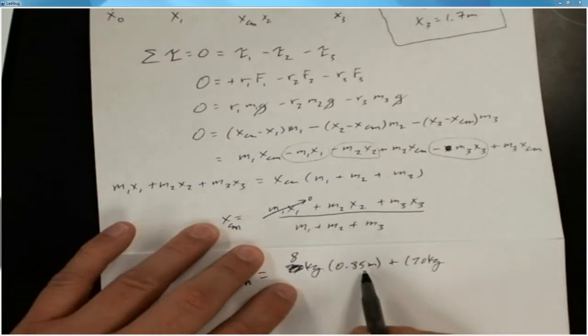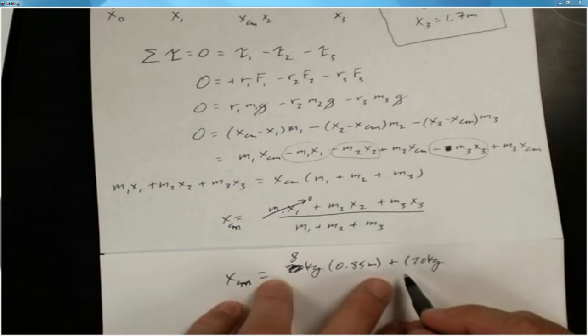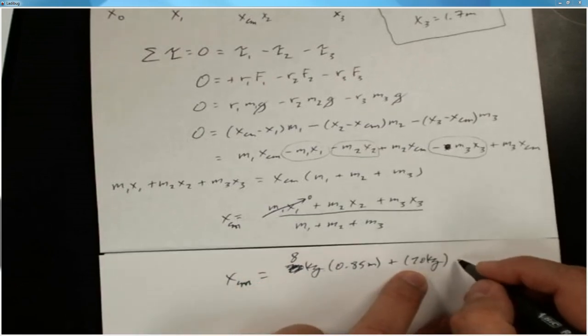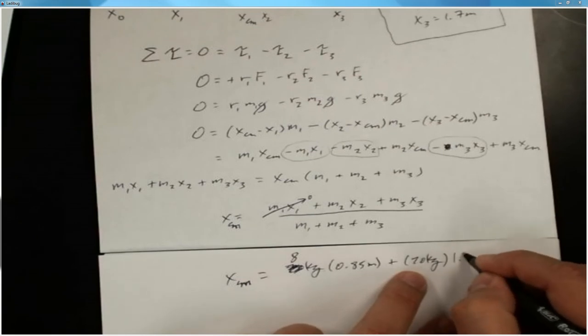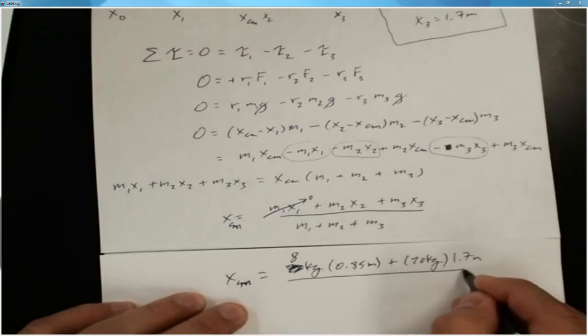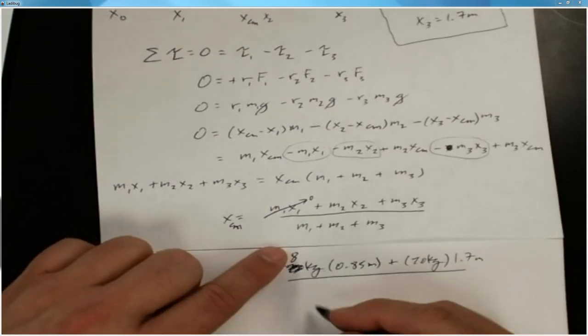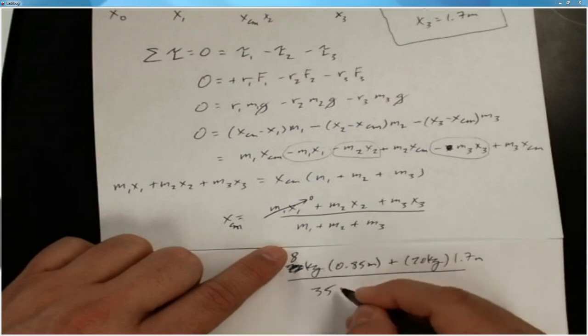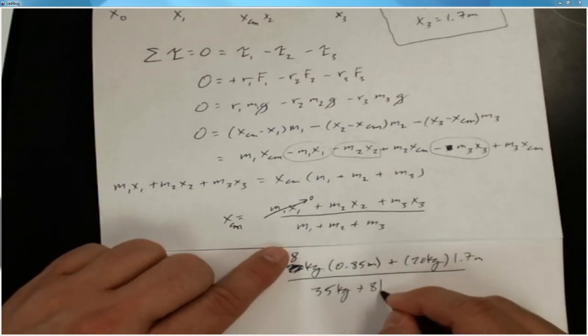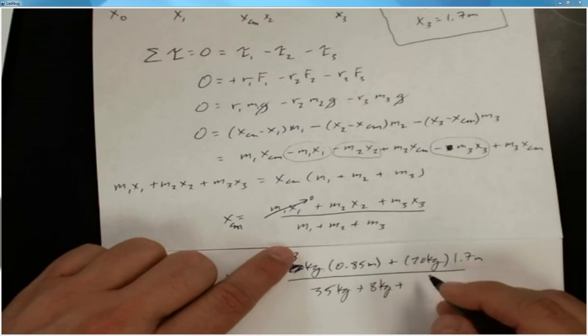So 8 kilograms times 0.85 plus 20 kilograms times what is distance 3, which is 1.7, divided by, and then I have to add my masses together, 35 plus 8 plus 20.